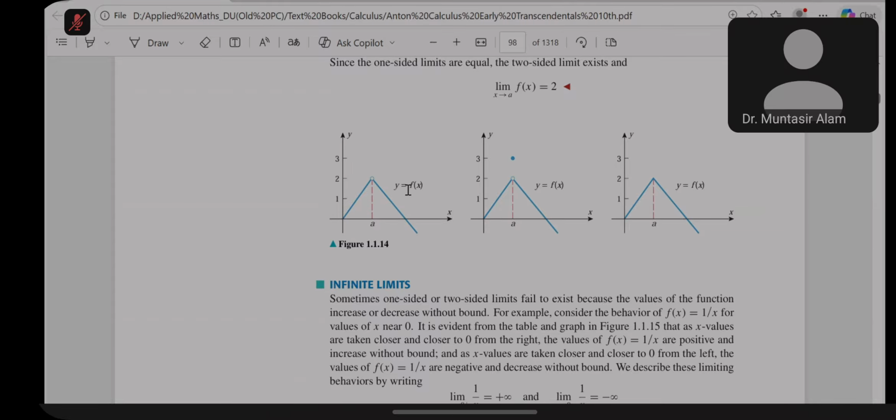So what is your conclusion from this figure? There's no function value at x equal to a, but both of the limiting values are 2. Exactly. So limit is existing, but function is not continuous.